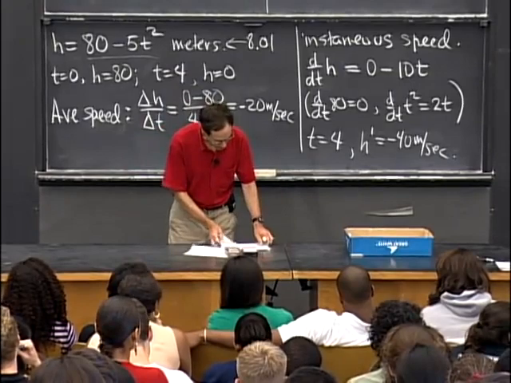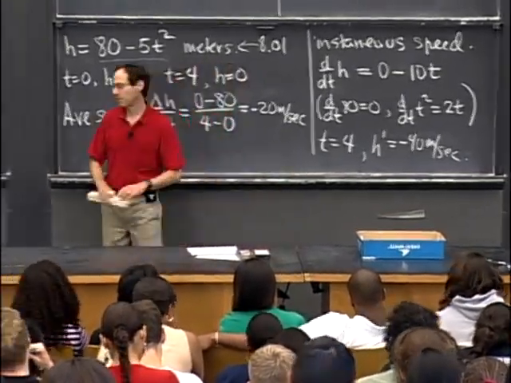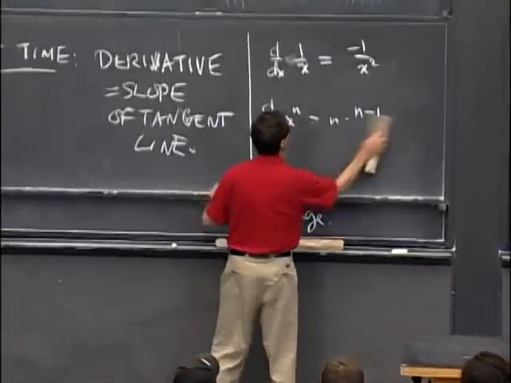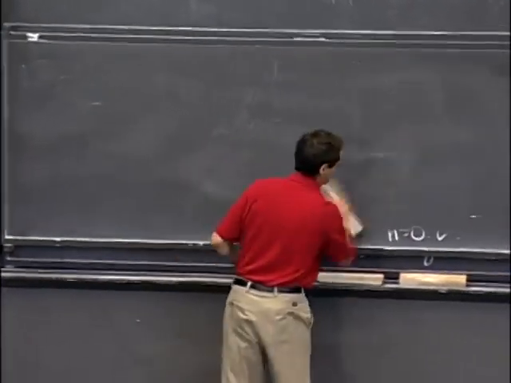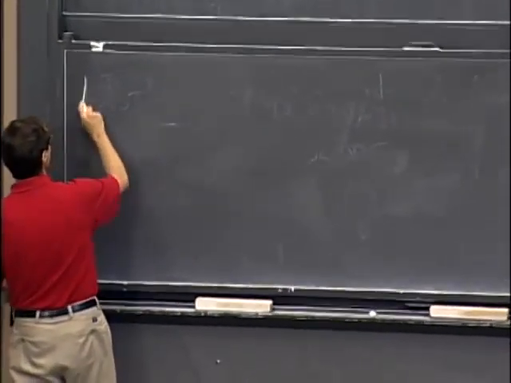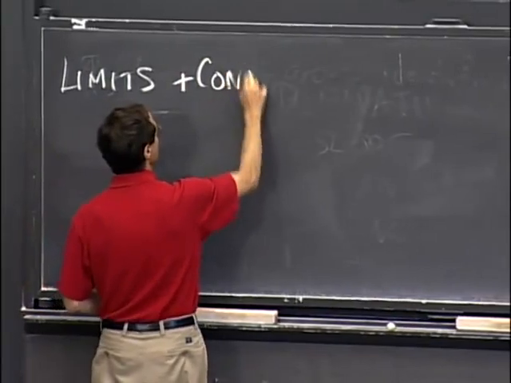All right, so let's go on now. Now, I have to be a little bit more systematic about limits. And so let's do that now. So now what I'd like to talk about is limits and continuity.